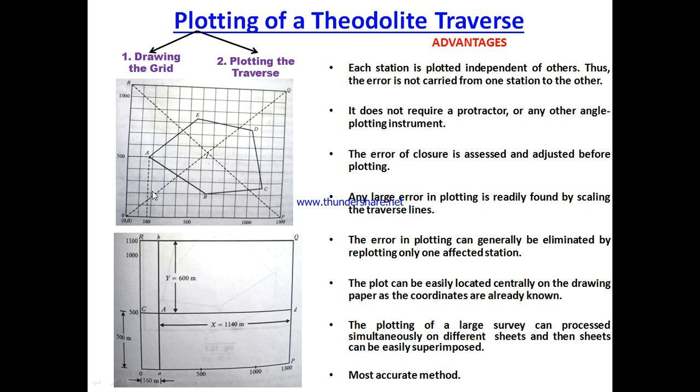For that we need to divide this horizontal and vertical axis into points according to the different coordinates of the traverse we want to locate. So in this grid line we locate a point A which is 160 meter away. Similarly here at the top we locate a point B which is 160 meter away. Then we join those points.